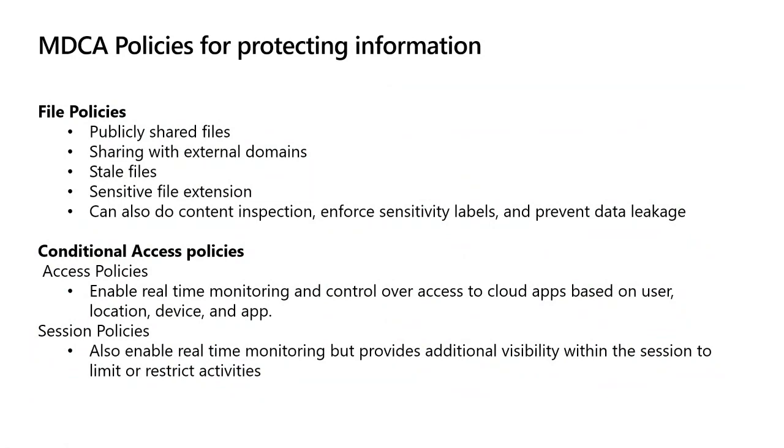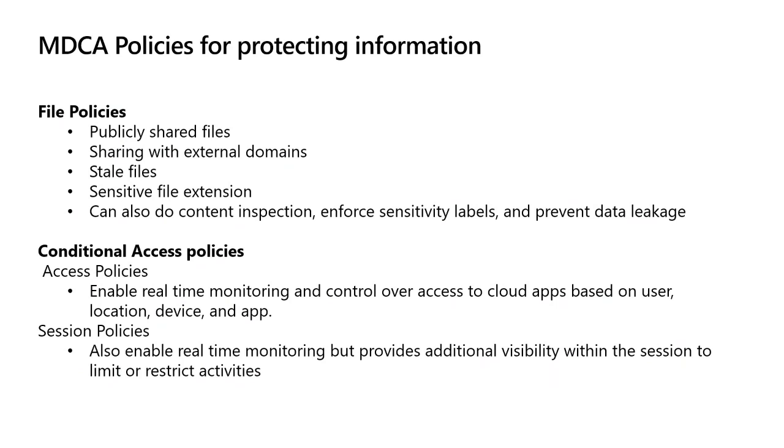All right, so before we get in the demo, I just want to explain the types of policies that are available when you're protecting information in Defender for Cloud Apps. You have file policies. This is going to be the type of policy you're going to want to configure for some of these scenarios, like when there's publicly shared files out there you want to get a handle of.